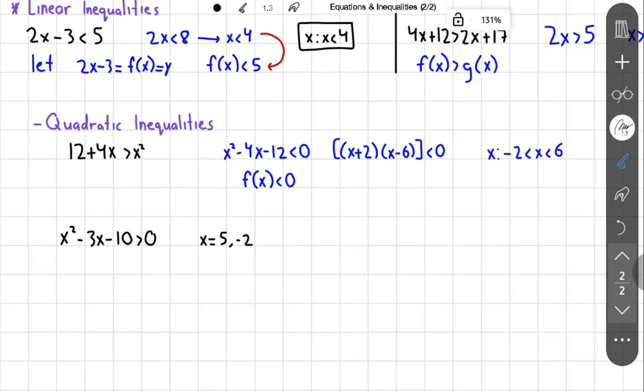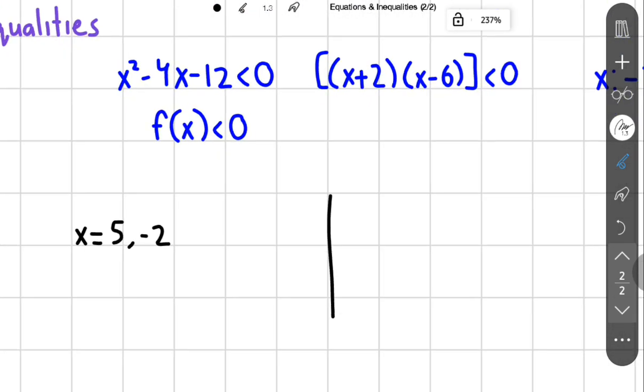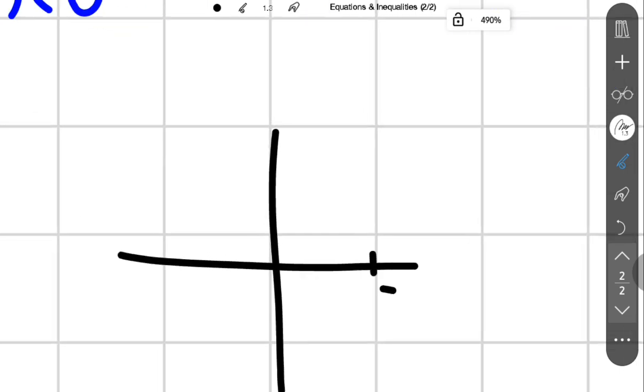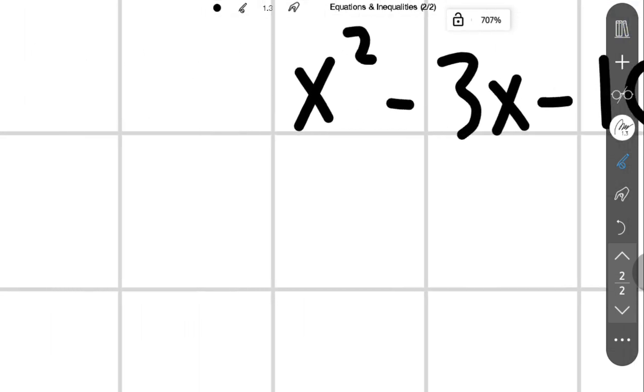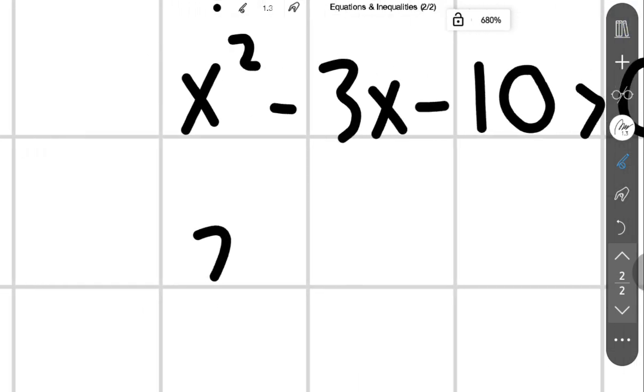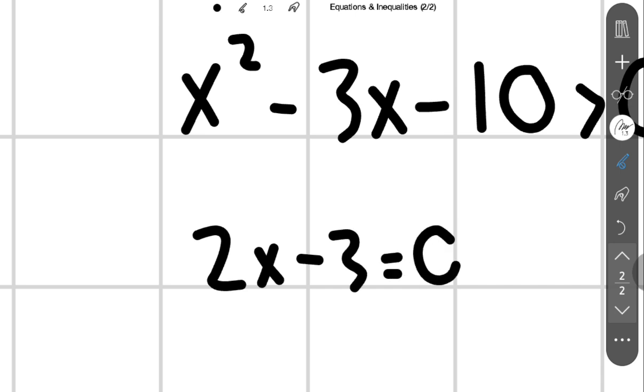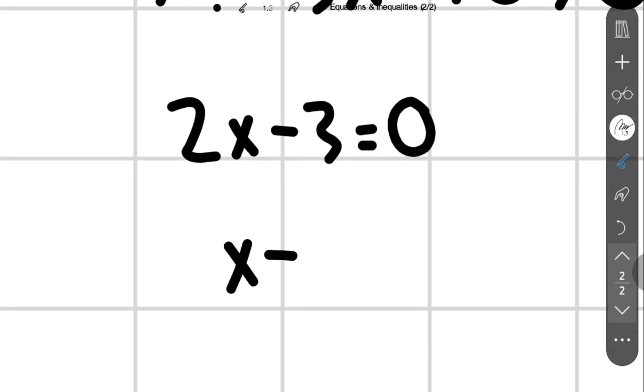So we have 5 and negative 2. And if we want to get the turning point, I'll just do the derivative and set it to 0. We have 2x minus 3 equals 0. So x equals 3 over 2.